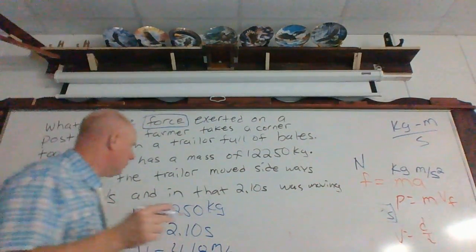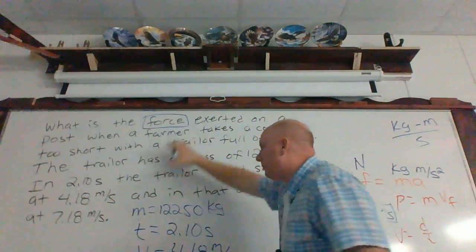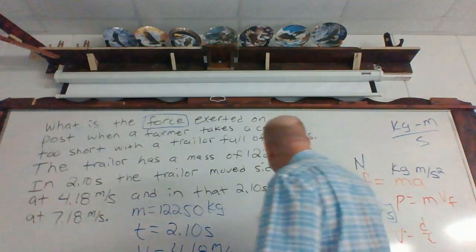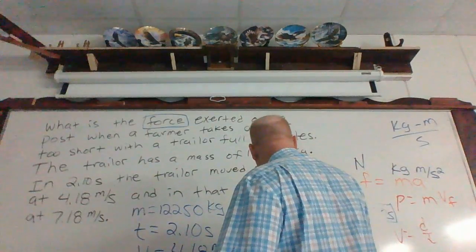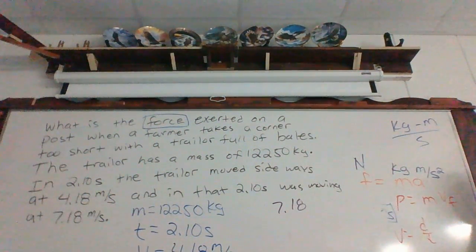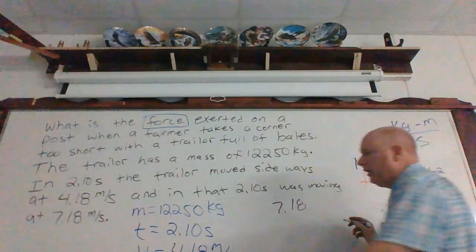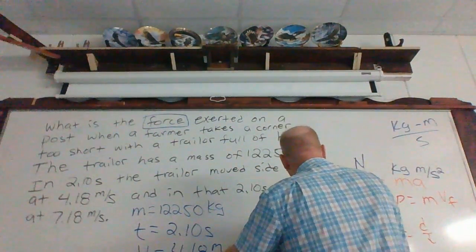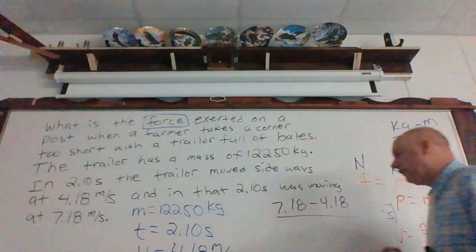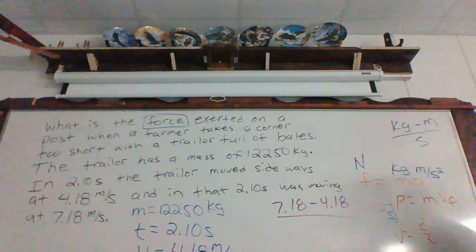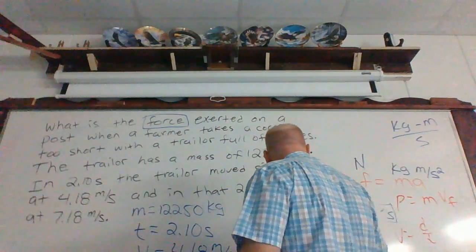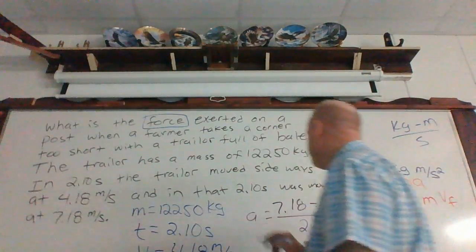Okay, so notice we don't have to keep looking up there. We've got 7.18. According to this formula, 7.18 minus our initial velocity, which is 4.18, and that's all over what? 2.10. And that equals our acceleration.